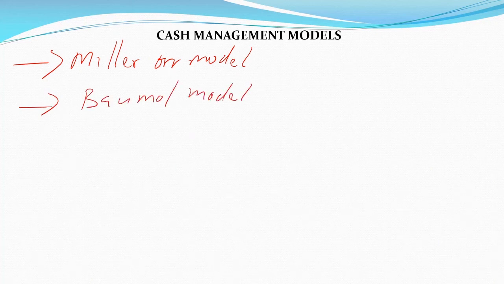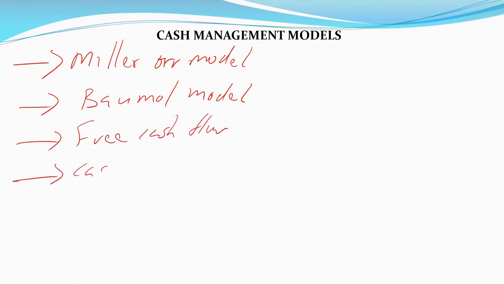Don't also forget the issue of free cash flow. Don't forget that you could be asked to calculate a cash forecast. So in cash management models, we have Miller-Orr. We have Baumol. We have free cash flow.